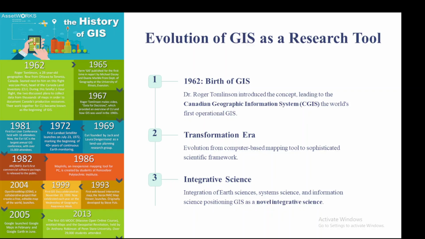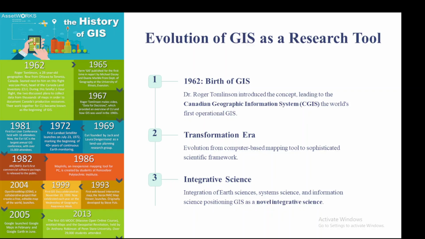And as technology improved, so did GIS. With innovations in information technology, information systems, and computers, GIS also evolved. By the late 20th century, GIS entered its second generation, where it began to move beyond being just a technical mapping tool. It became a full-fledged scientific system, one that could store, analyze, and visualize very complex spatial data.